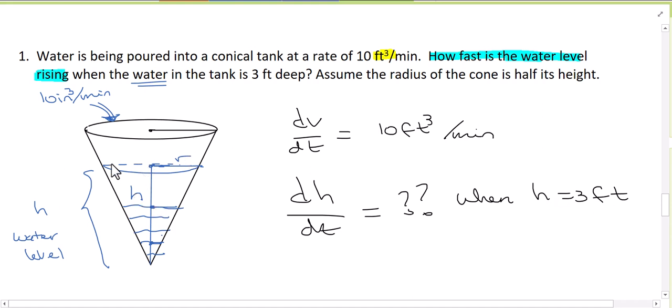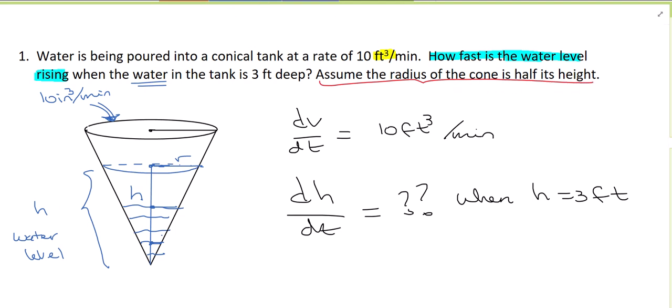So those are our variables, and now we have our d-whats. Notice that there's nothing given about the rate of change of R. Nothing says the radius is changing at a particular rate, but technically I have 3 variables. But we can notice here that it says assume that the radius of the cone is half its height. So we're going to use that in a little bit for step 3.